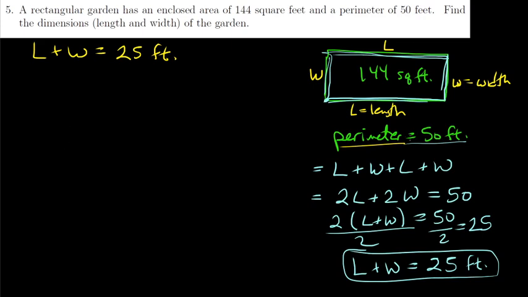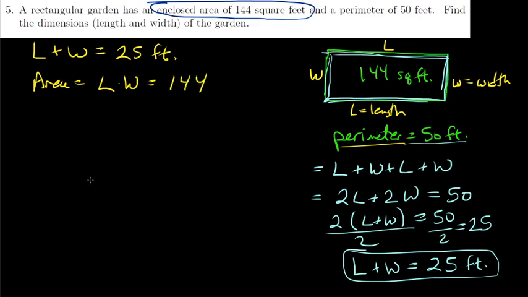Now, notice what we didn't use yet. We didn't use that the enclosed area is 144 square feet. So area, once again, is length times width, and that has to be 144 square feet.